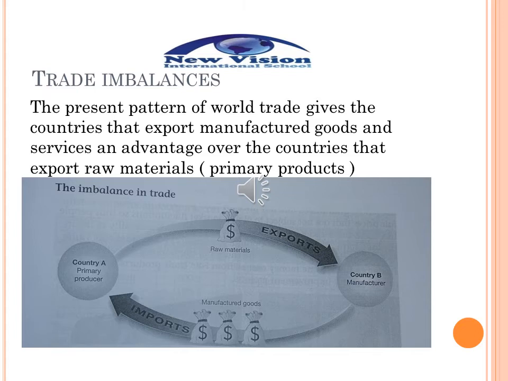primary producer. It exports or sells their raw materials to another country, like country B. But unfortunately, country B manufactures these raw materials and exports them in a final shape back to country A, but at double cost or triple cost.